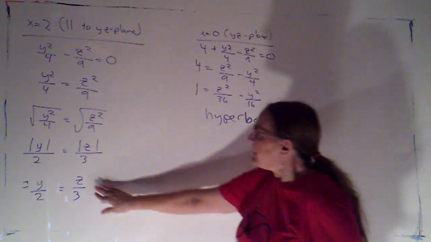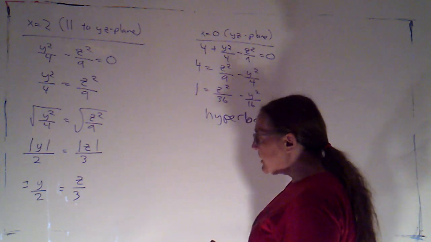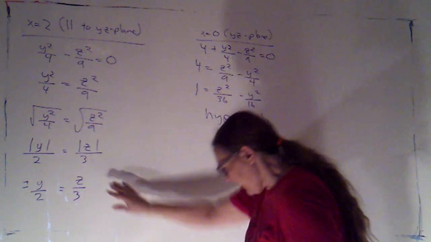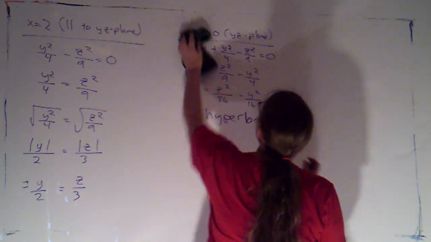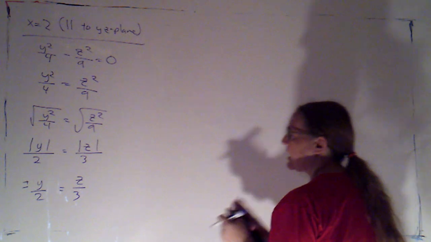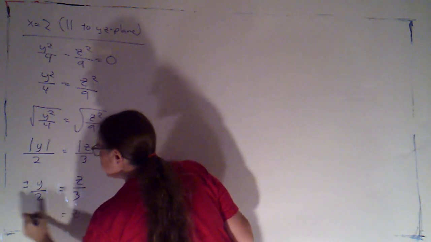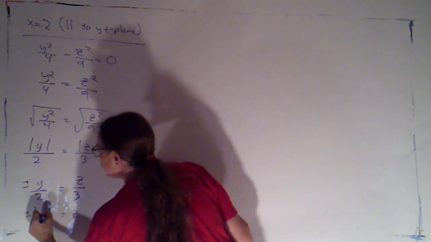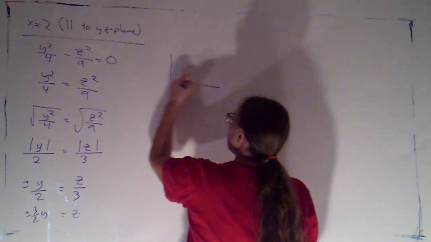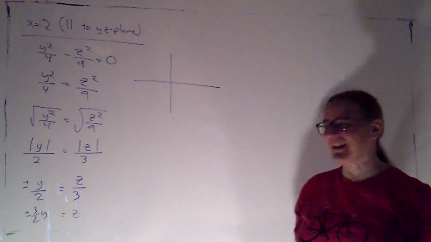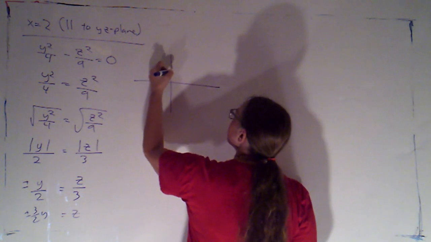Okay. Now, if I take a look at this, that's not actually a hyperbola. I could solve for z and say z is plus or minus 3 over 2 y. That's intersecting lines of slope plus and minus 3/2.